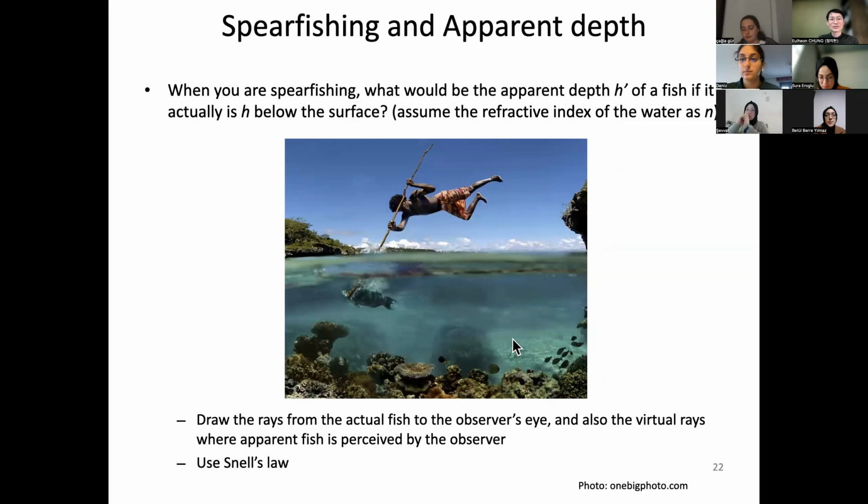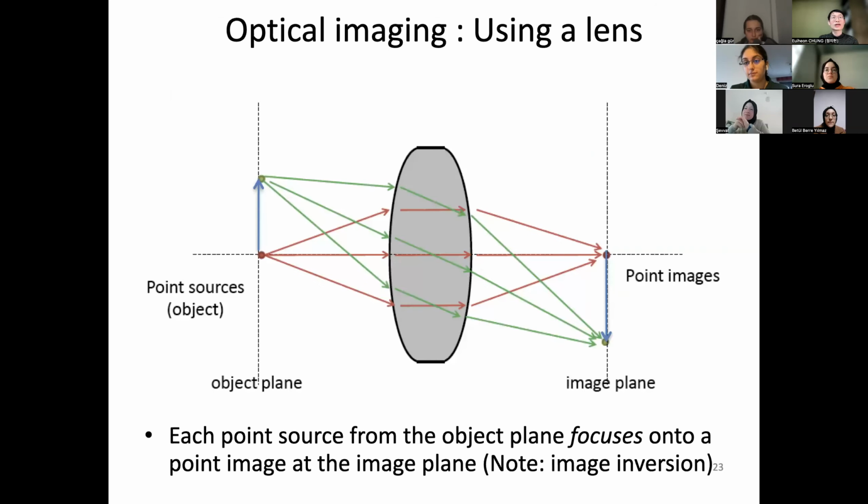So this is just for fun, a survival skill. In fact, when you try spear fishing, the fish looks shallow, but the fish is actually deeper, so you have to aim accordingly to actually catch it. So that's the refraction of the light. And I want to show here a point object, light scattered, and your lens.